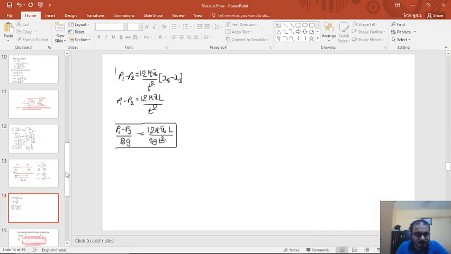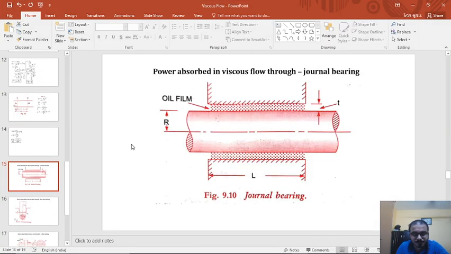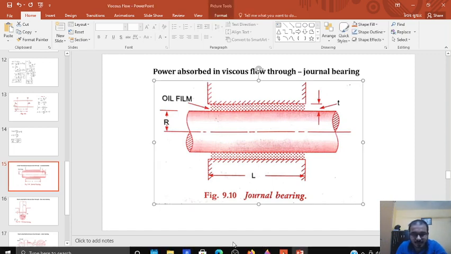So let's move forward with our next theory, that is power absorbed in viscous flow through journal bearing.